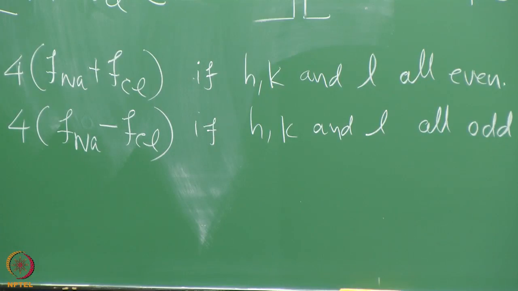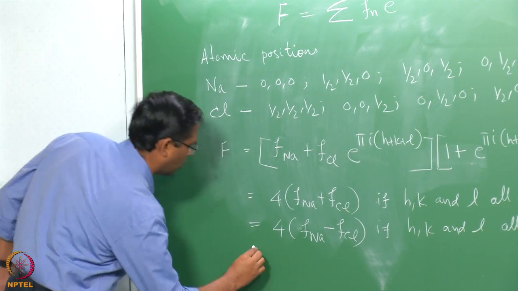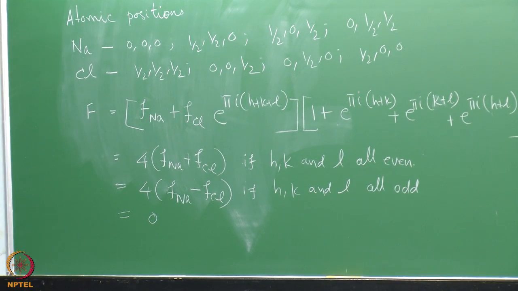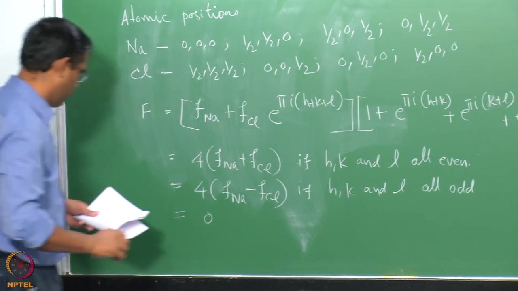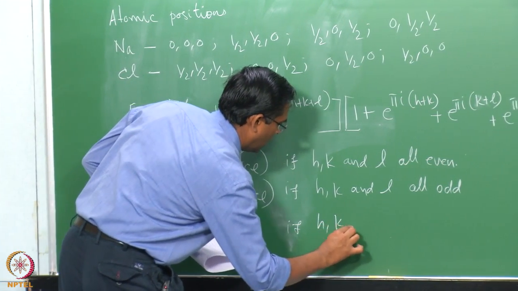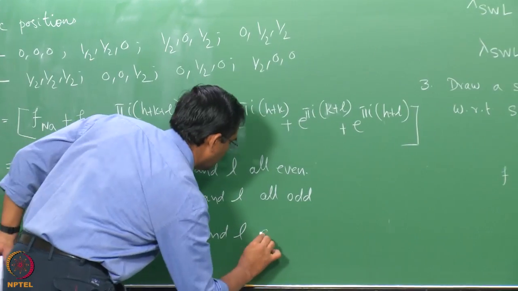If h, k and l all are odd, then it is 4 into f Na minus f Cl, and we have one more condition, f is equal to 0, that means the structure factor is 0 if h, k and l are mixed.